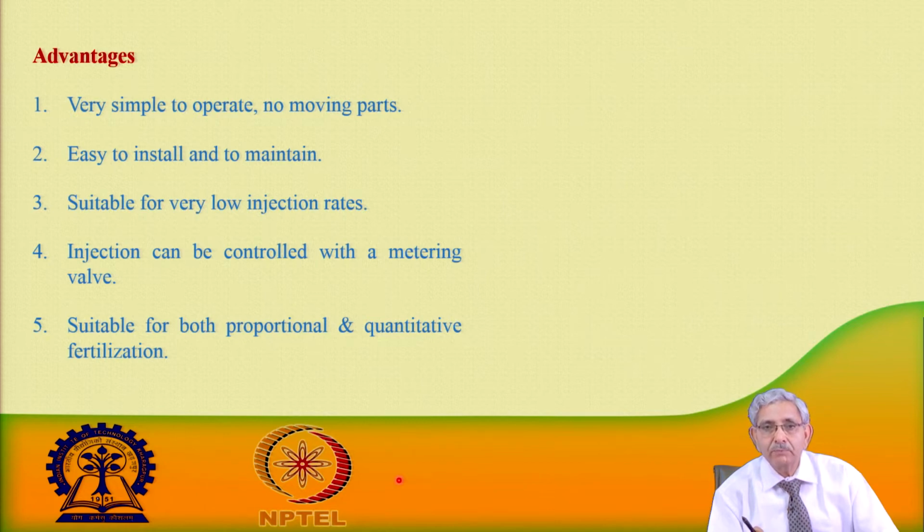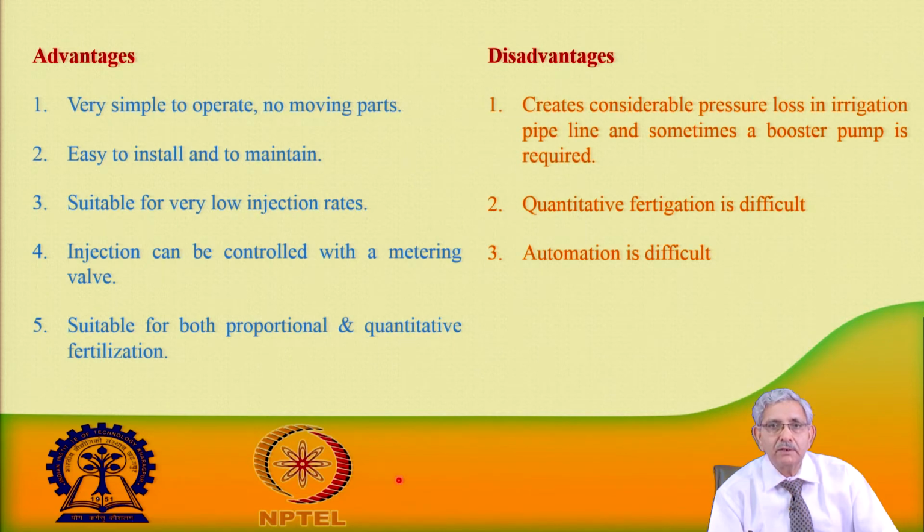Proportional means the water and fertilizer ratio can be maintained, as well as the desired amount of the fertilizer can be given with this method.